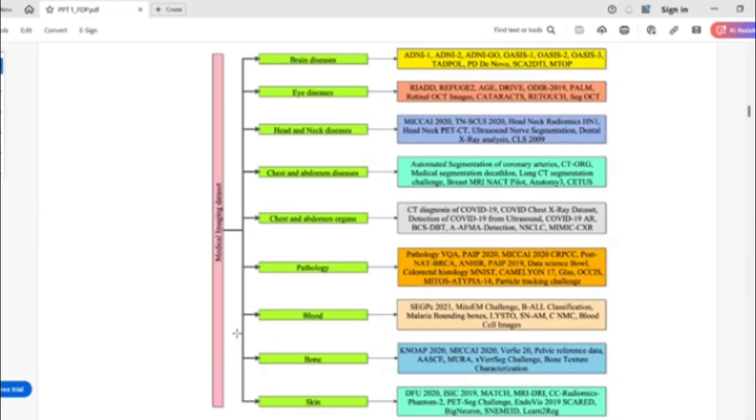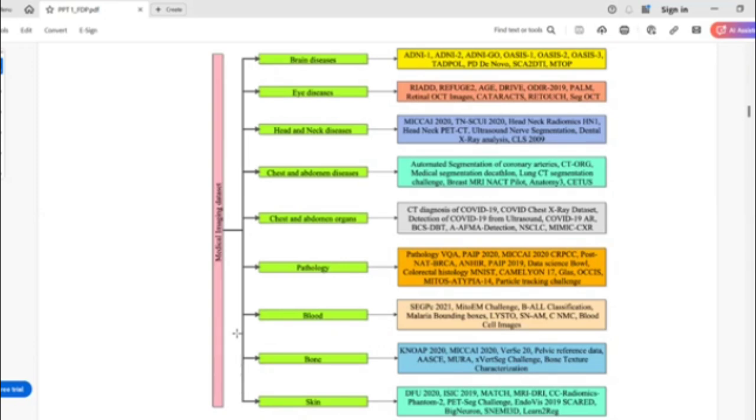ADNI-Go, OASIS, OASIS 2, OASIS 3, TADPOLE, and others, followed by MTOP. Basically, brain diseases include Parkinson's and Alzheimer's, which we hear about in our day-to-day lives. Have a look at Alzheimer's papers, Parkinson's papers or brain-related disease papers; you can see data sets like OASIS or ADNI.